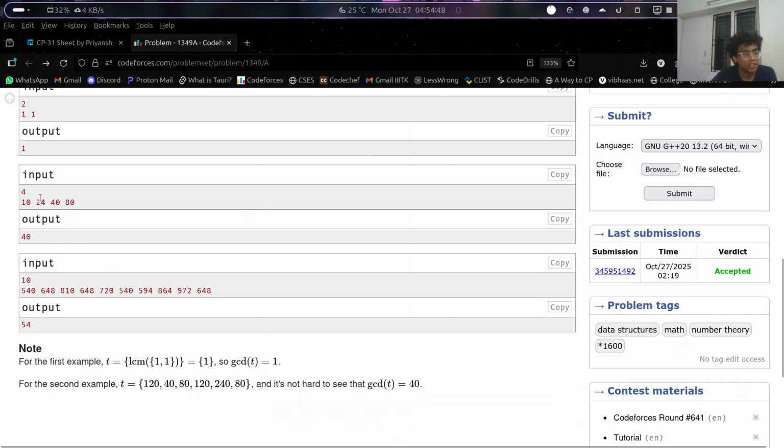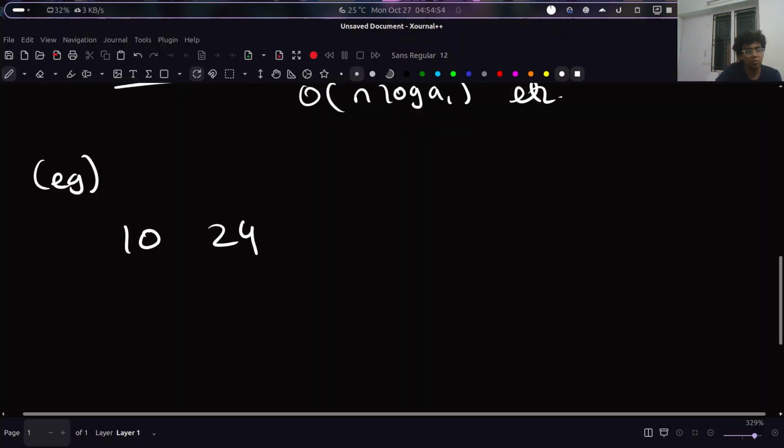let's take this example 4, 10, 24, 40, 80, right? So first what we're doing is basically we're taking GCD of all the pairwise LCMs.